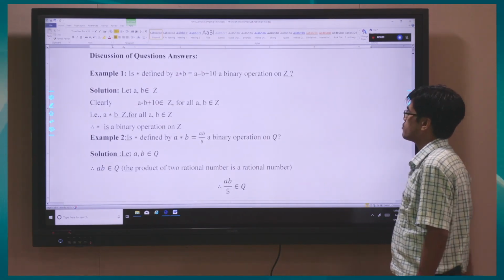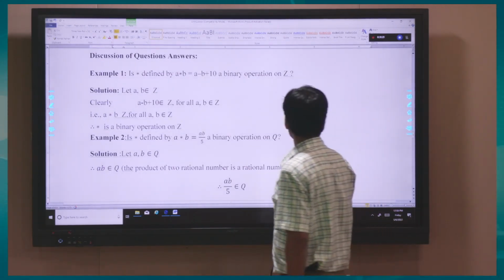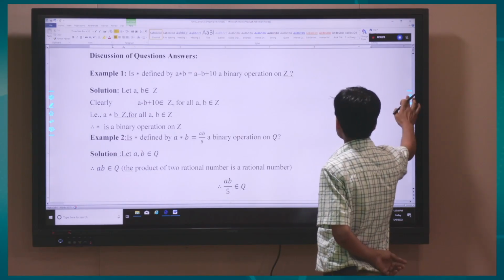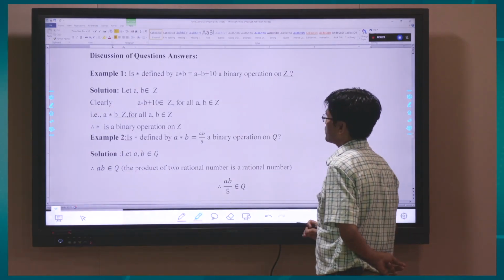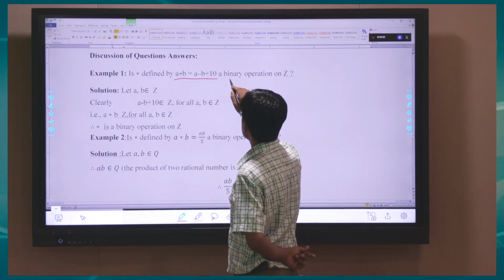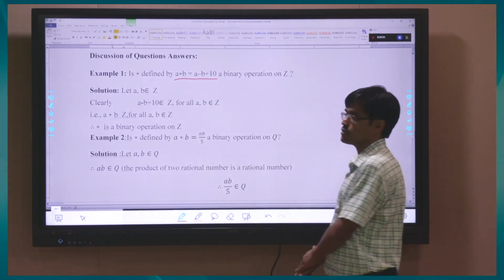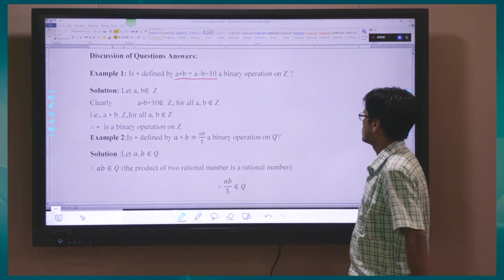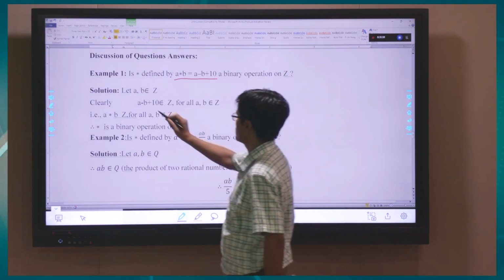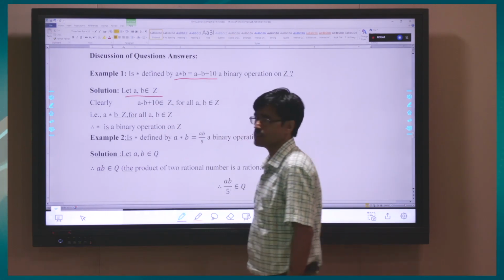Now we discuss some questions. Example 1: the operation star is defined by A star B is equal to A minus B plus 10. We have to find whether this operation is binary or not. Here A, B belong to Z, where Z is the set of integers.